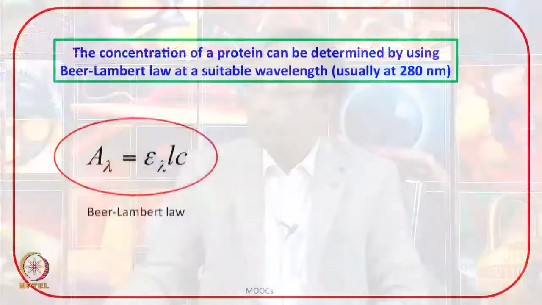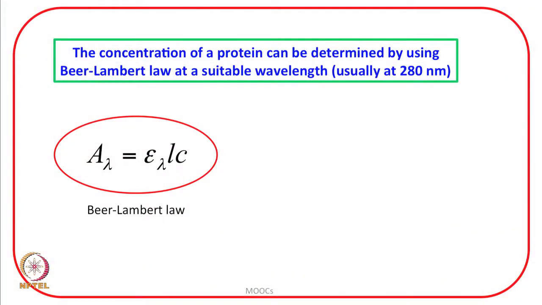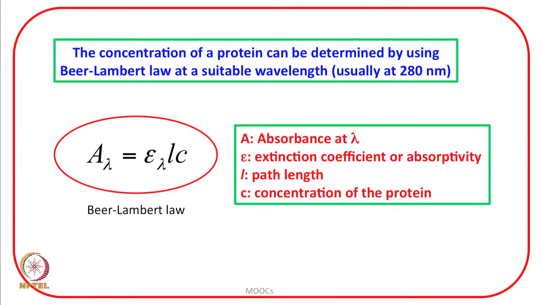What is that Beer-Lambert law? Let us take a look at this slide. According to Beer-Lambert's law, A lambda is equal to epsilon lambda times L times C. What is the meaning of each term? A is absorbance at wavelength lambda, epsilon is the extinction coefficient at that wavelength. It is also called absorptivity.